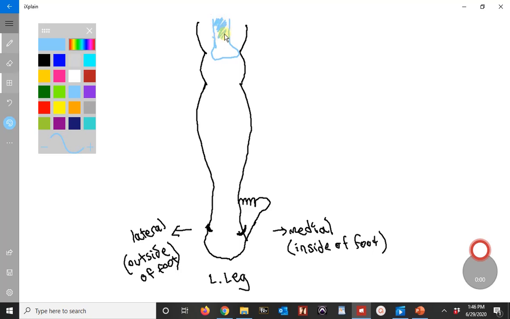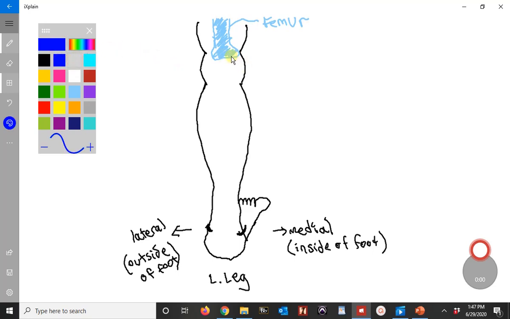And do you remember what this bone is? This is the femur. And if you remember, a condyle is a smooth place on the bone where it's connected to another bone. So it's got to be smooth so the two bones don't rub up against each other and grind up against each other.